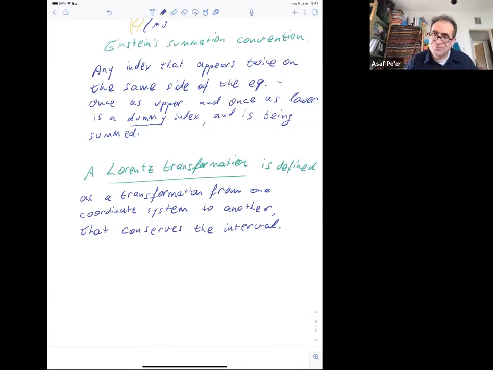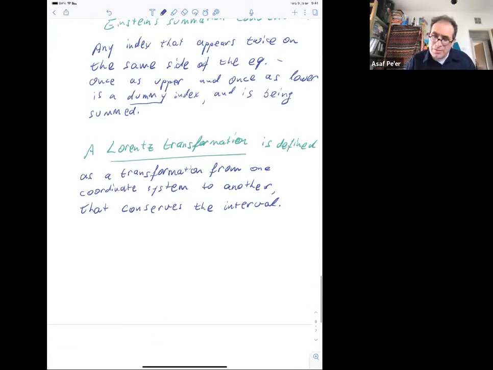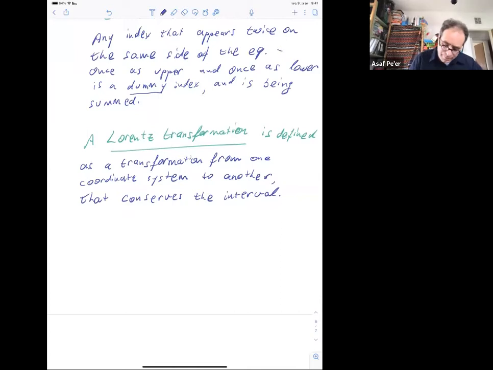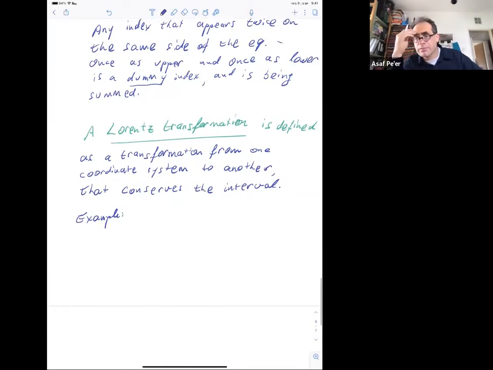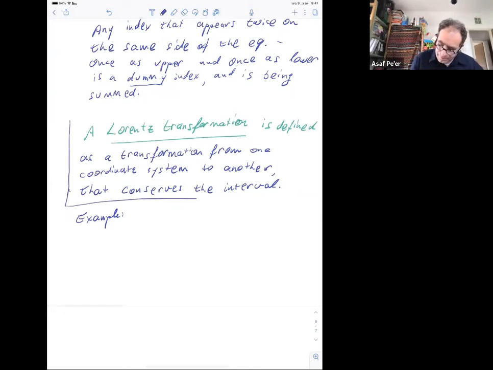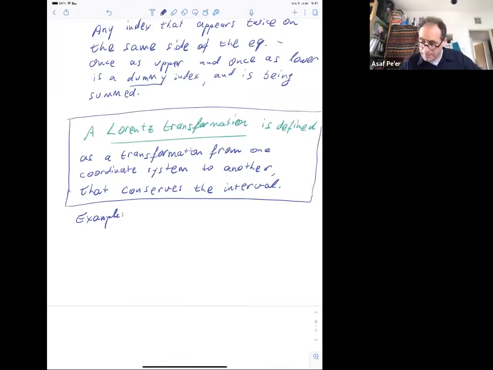So let's start. The simplest example of such a transformation, that's the definition of a Lorentz transformation. So, one example of a Lorentz transformation.